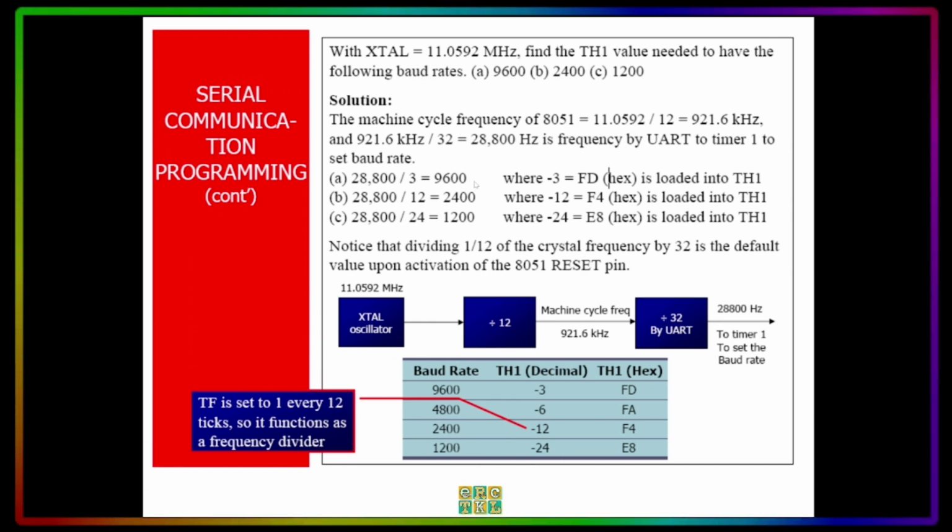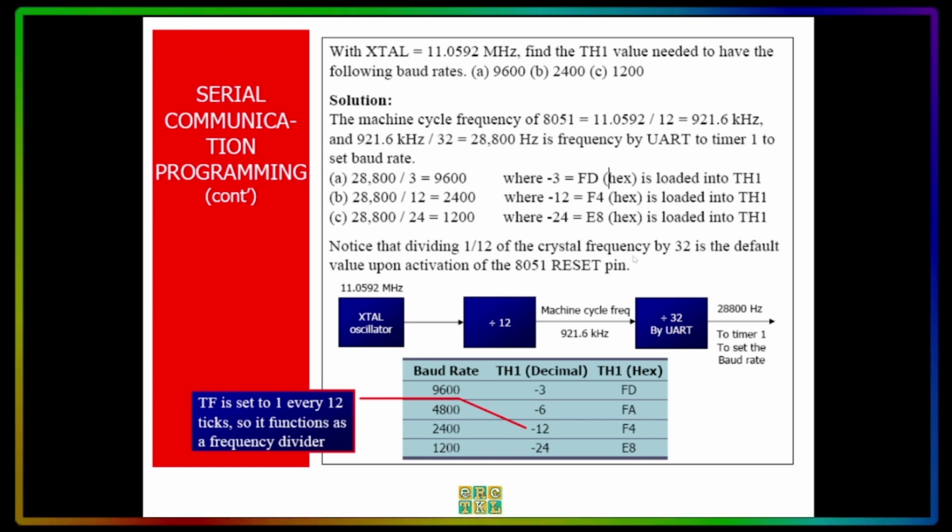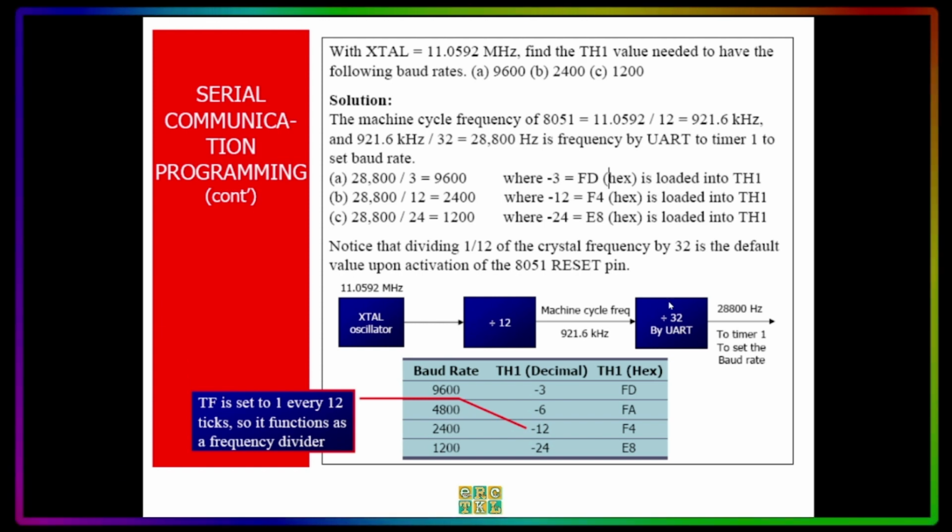So in these examples, the number -3 is FD in hexa, F4 for the -12, and E8 for the -24. So these are all loaded into the TH1. Now take note that when we divide 1 over 12 of the crystal frequency by 32, this is the default value upon activation of the 8051 reset pin. So this is a constant value that we are using.